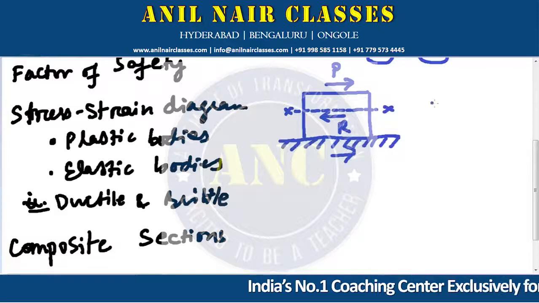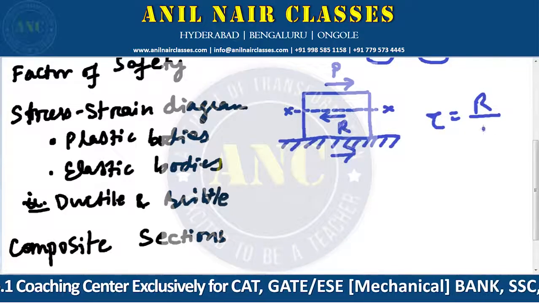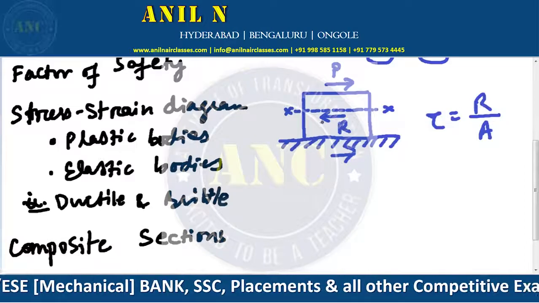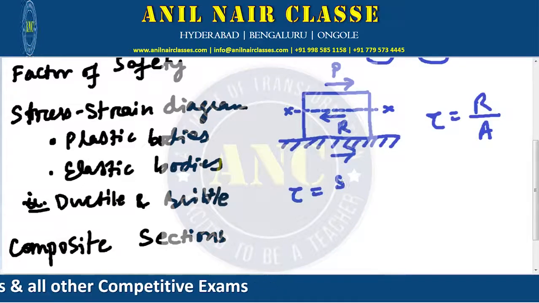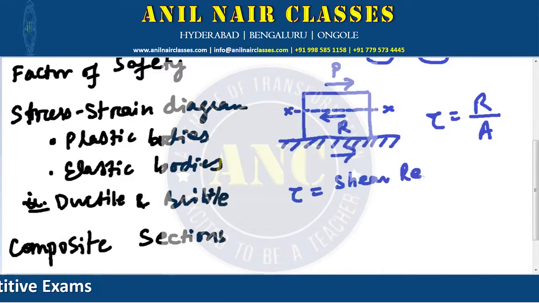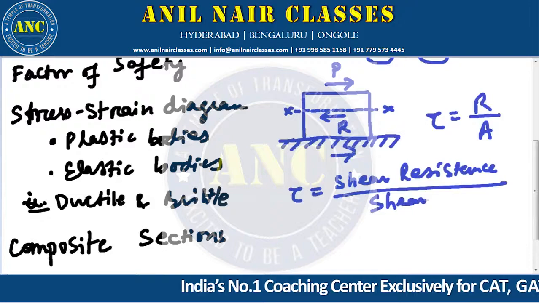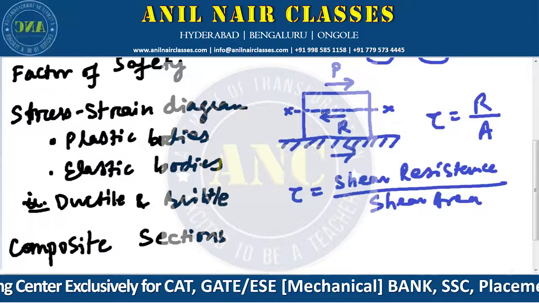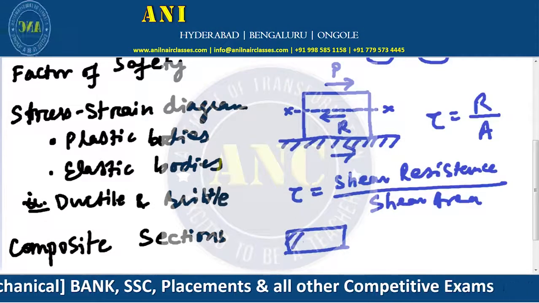So this tau is nothing but R by A, that is shear resistance divided by shear area. Which area? This area. This is the front view. Top view, how will it be? Something like this.